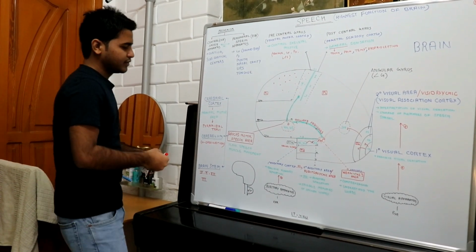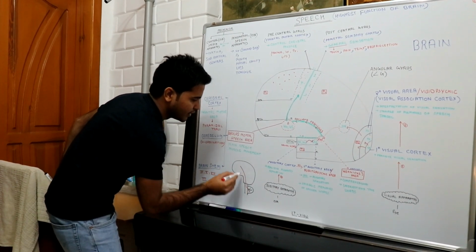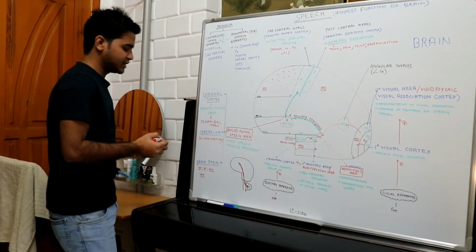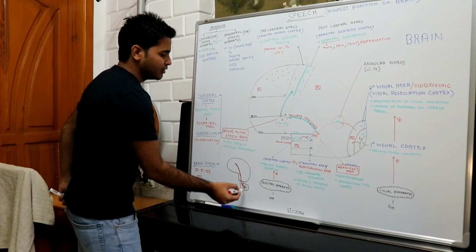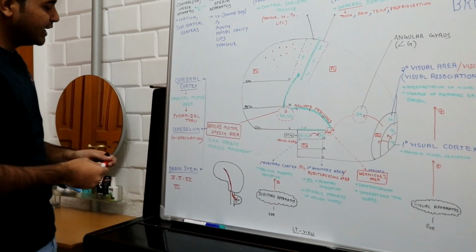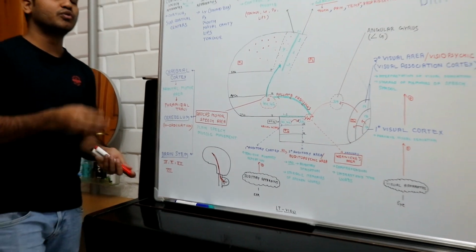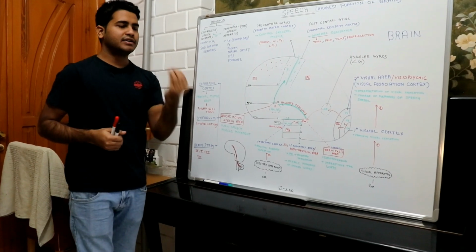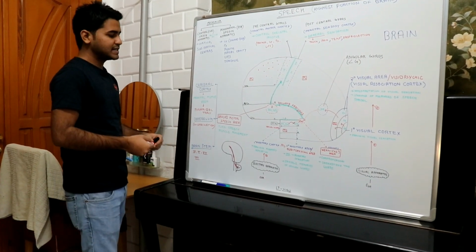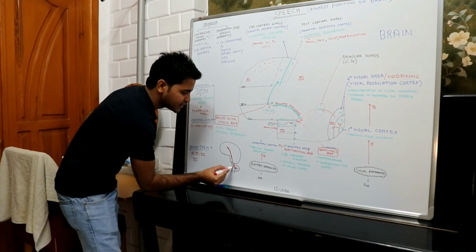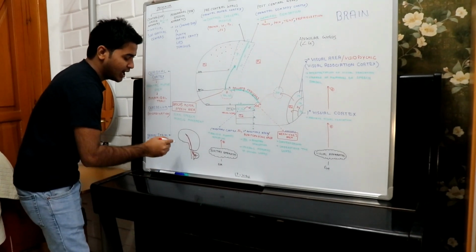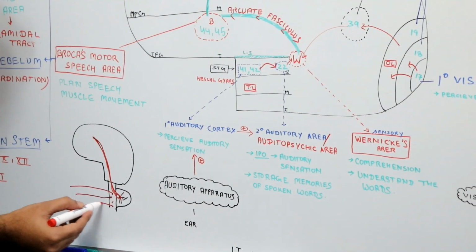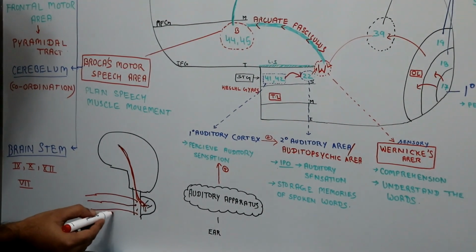These fibers from the cerebral cortex will go toward the cerebellum, and the cerebellum coordinates all the information. After this, these impulses need to go toward the muscles, the larynx muscle, the lips muscle, the tongue muscle. So we require some nuclei present in the brain stem, and these nuclei will transfer this information toward the skeletal muscles with the help of some nerve fibers.